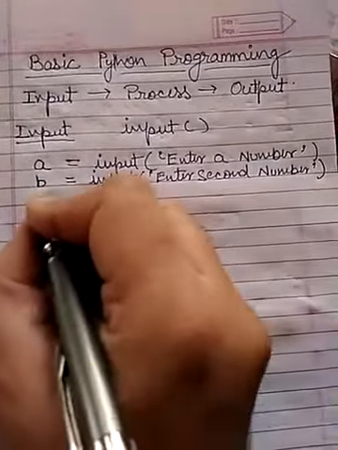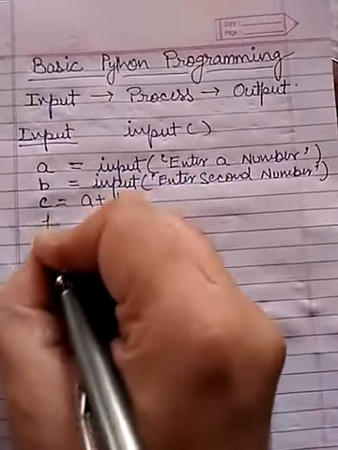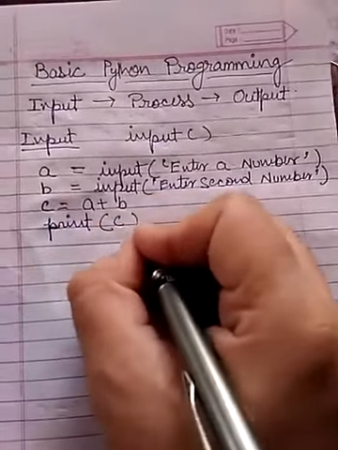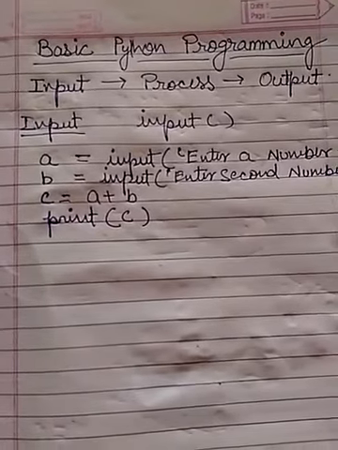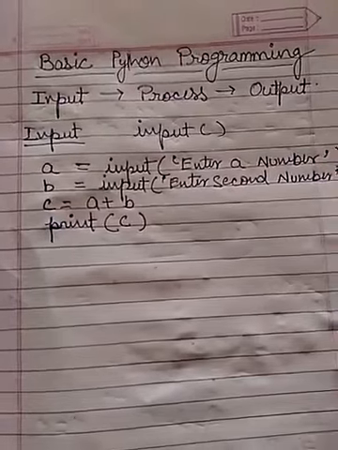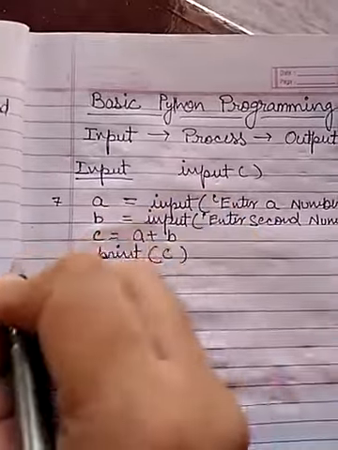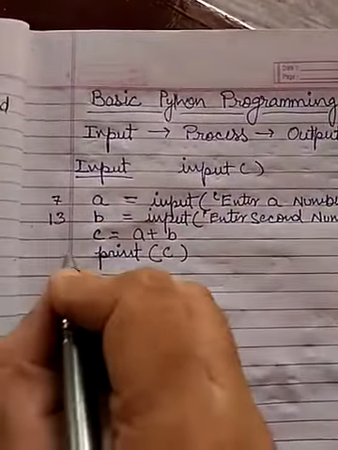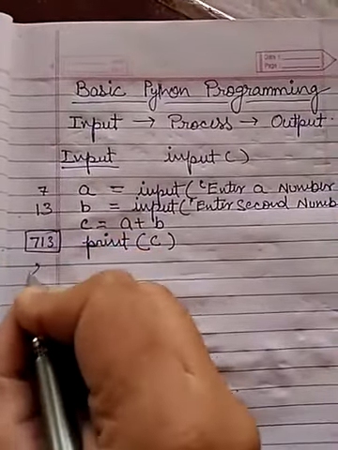Now if I do c equal to a plus b, print c. Print is a built-in function which is used to print the result on the screen. So suppose user gave 7, here user gave 13, then the output will be 713, not 20.